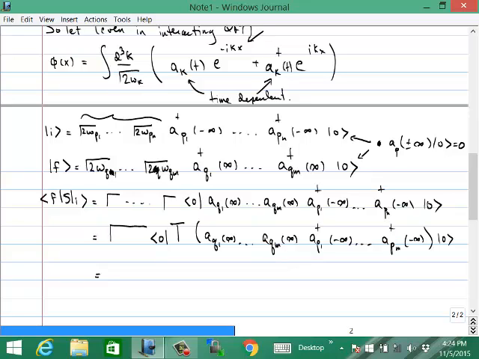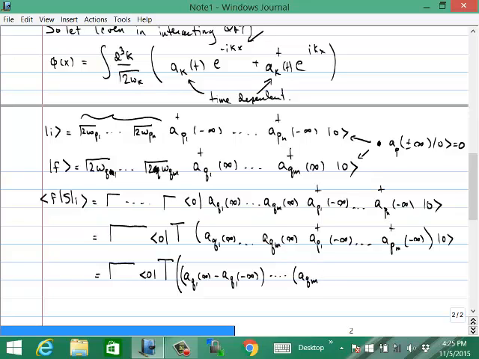I can add 0 to this expression in the following very clever way. Again, I'll just ignore that normalization factor. What I would like to do is that every time I have an A_q^+ at time equals plus infinity, I want to subtract off an A_q at time equals minus infinity.